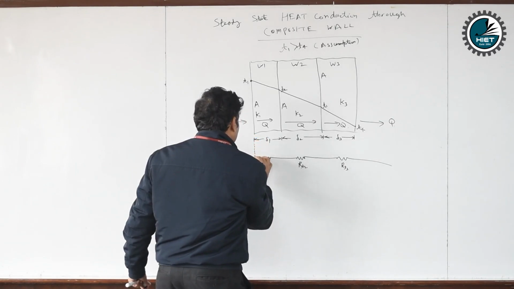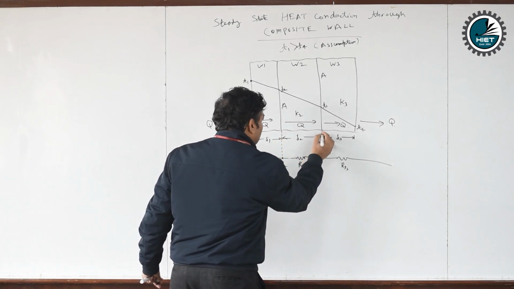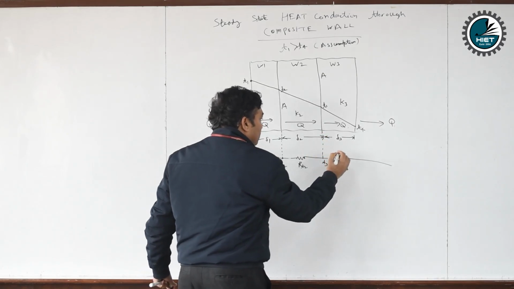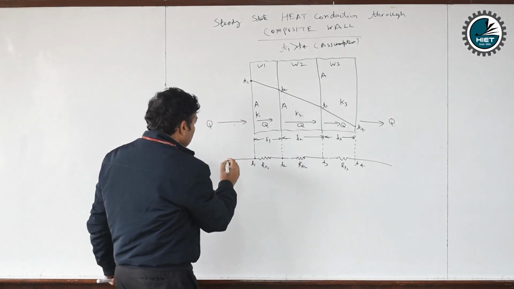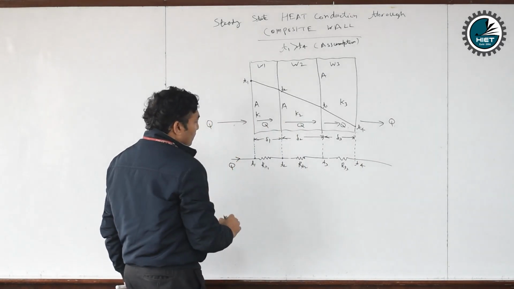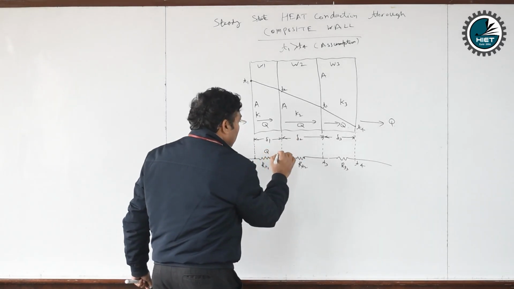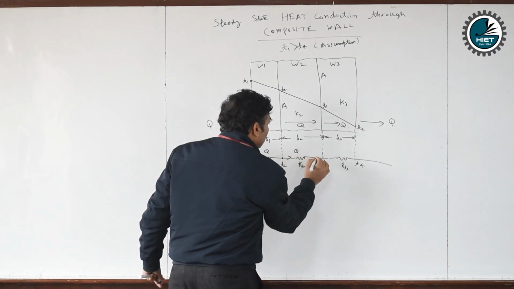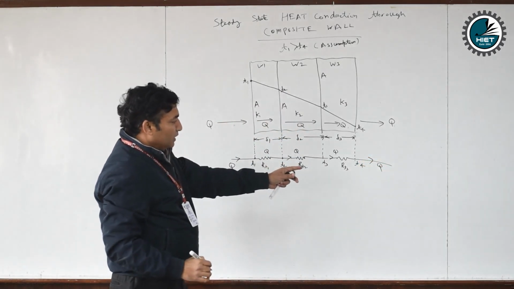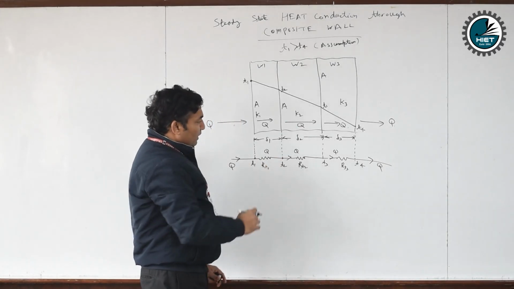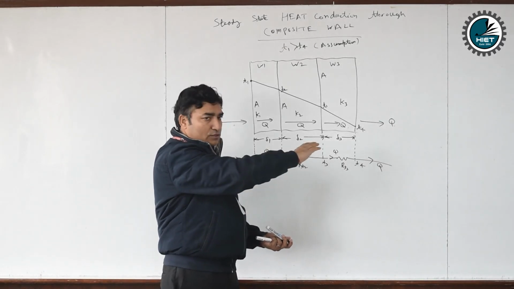Now this temperature is T1, this temperature is T2, this temperature is T3, and this temperature is T4. As you see, heat Q enters from the left side, the same heat passes through wall 1, so it is Q, again it passes through here, it is again Q, and it comes out from wall 3, again the same Q. As you know, when the heat transfer rate is the same, all three walls are in series contact.